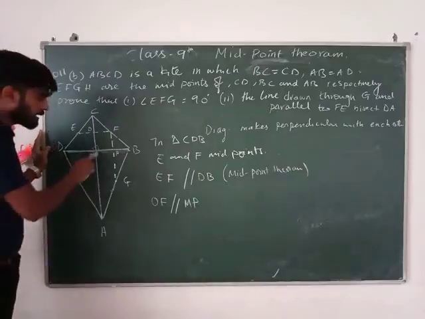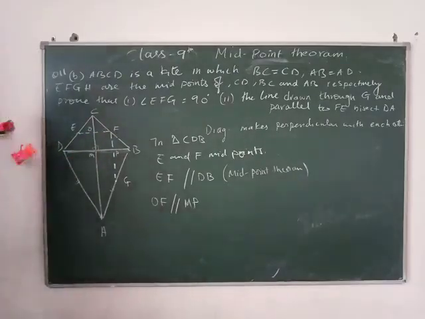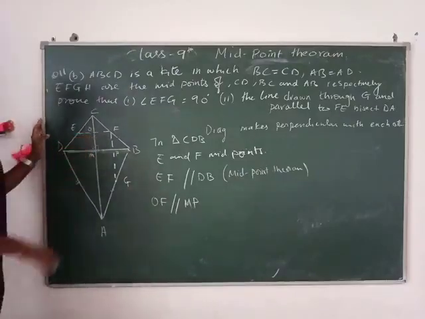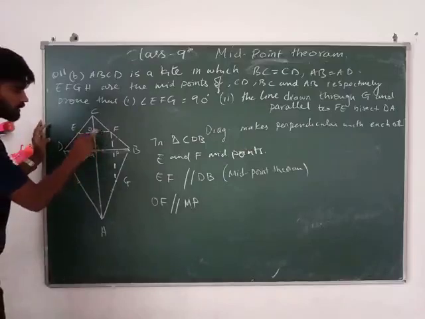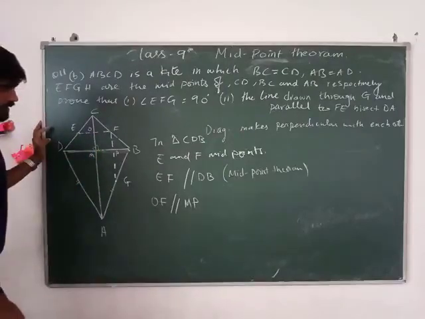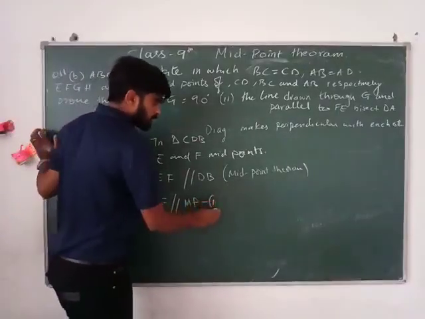Can you see? Okay. So if this is parallel to this, and when this is also parallel to this, this is equation 1.